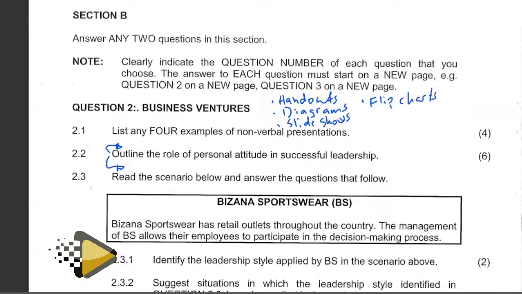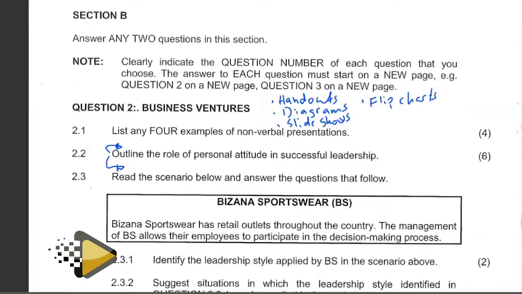If you still remember grade 12, I told you that whenever you are dealing with each and every question, make sure that you digest it to an extent of understanding the requirements of that question, unlike just jumping onto a question without digesting it. Because the moment you do that, your chances of survival are going to be very, very slim.